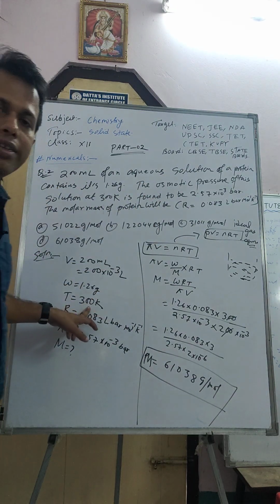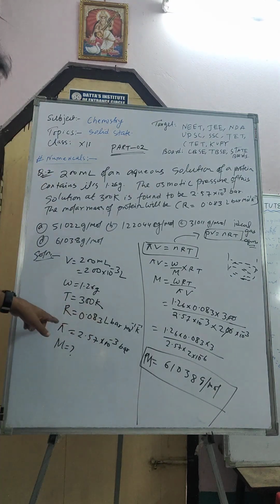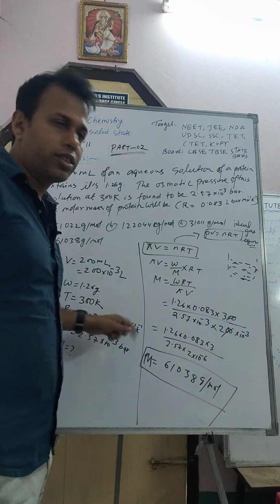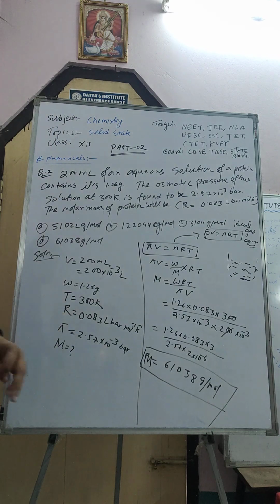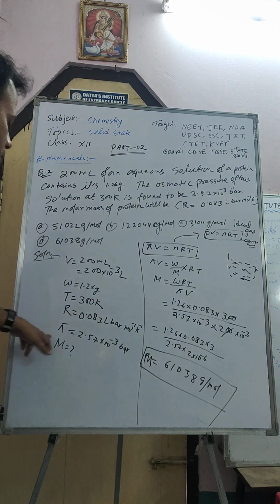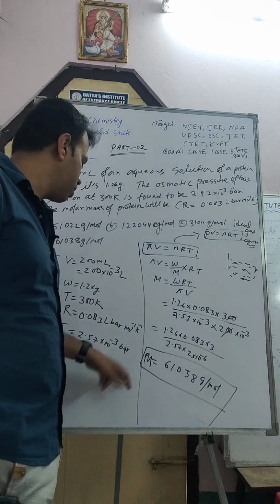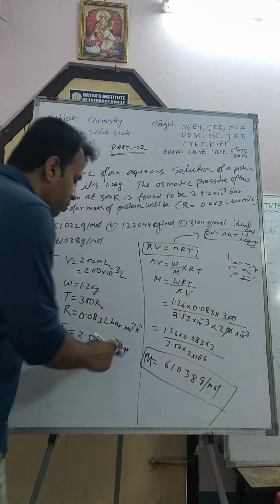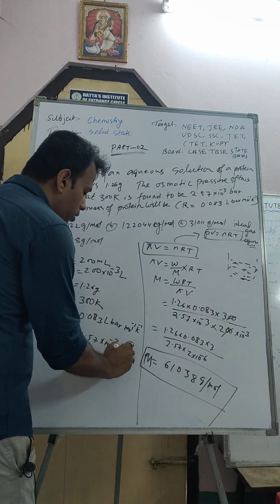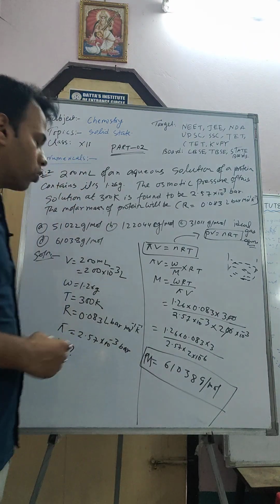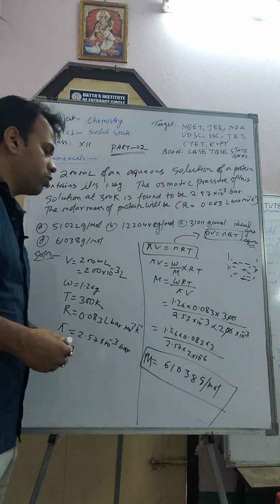Temperature is 300, the gas constant R is given as 0.083 bar liter mole inverse K inverse, and the osmotic pressure π is given as 2.57 into 10 to the minus 3 bar. We have to find out the molar mass of the protein.